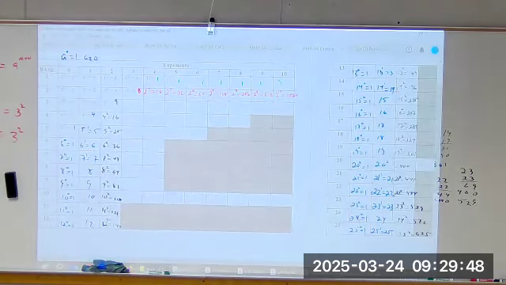Your powers of 2, you should know that all the way across. It's not hard to double the number. Powers of 2.